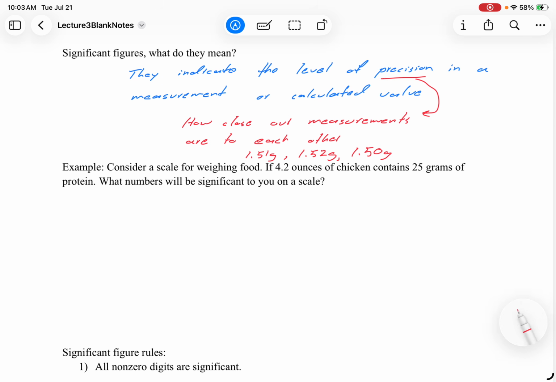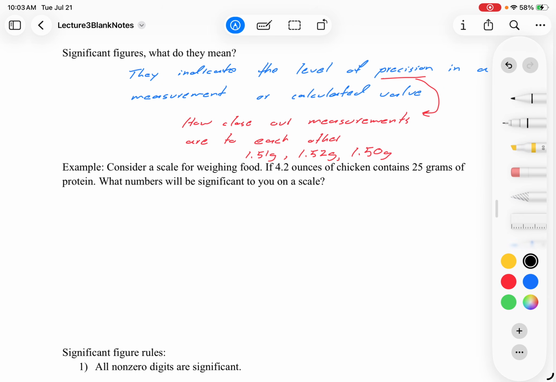Let's see. For this example, let us draw an ugly looking scale, but it doesn't matter. So this is going to be your scale. And let's say this is your plate that you put stuff on to measure. Let's say you already put your chicken in there, and this is what your scale reads.